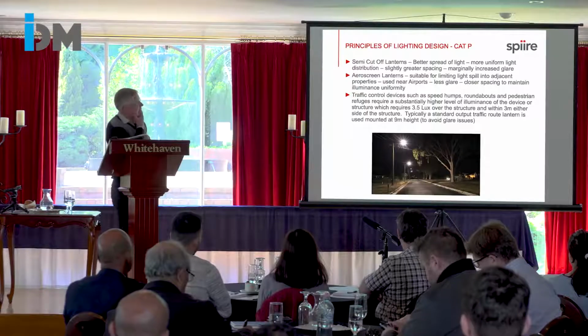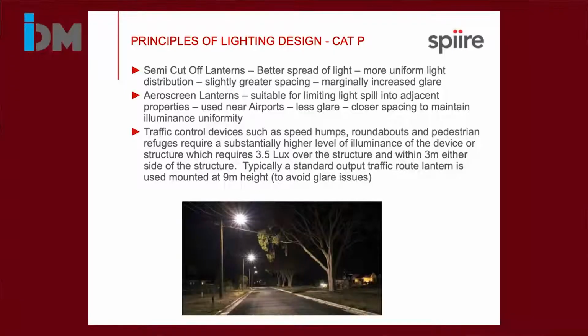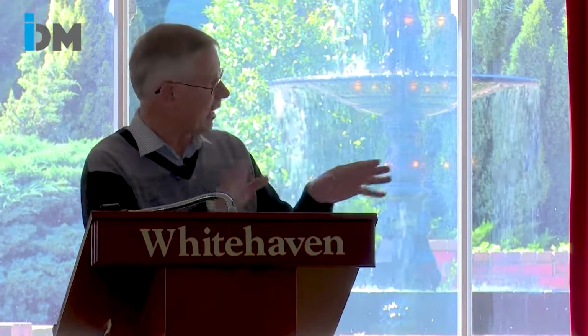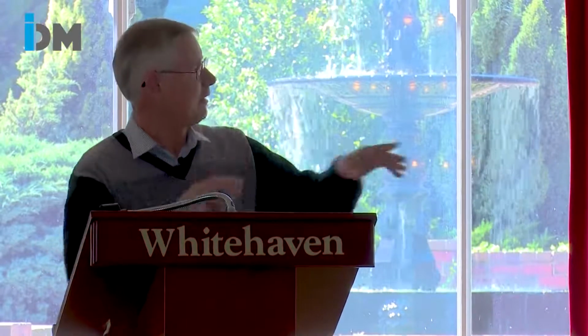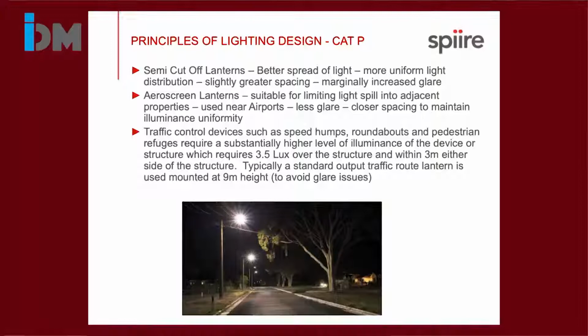So you've got semi-cut-off lanterns, which is this particular type here. That's an LED light fitting, but it has this plastic or Perspex diffuser. That diffuser is designed to actually refract the light as it passes through, so it spreads it out further.